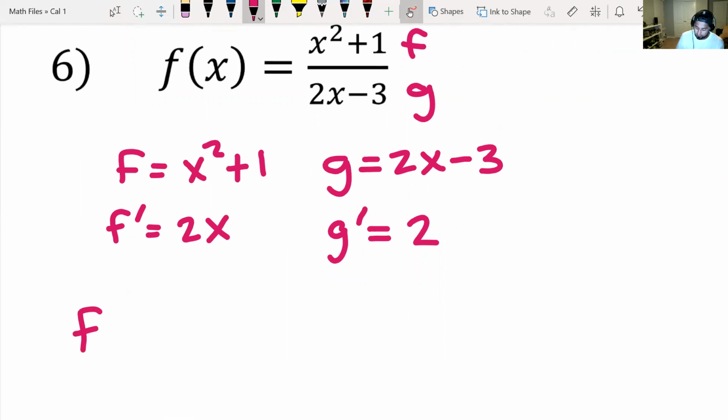So we'll say f prime of x equals, and follow your formula.